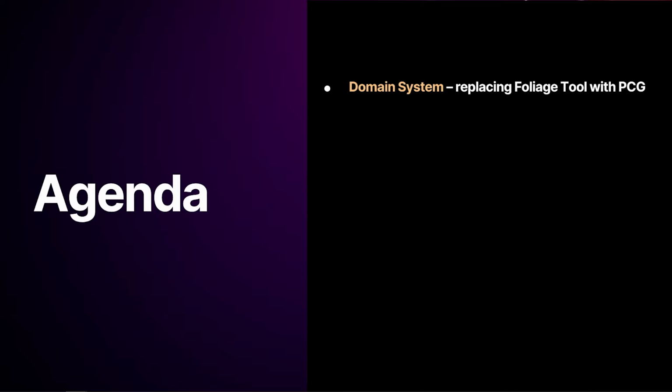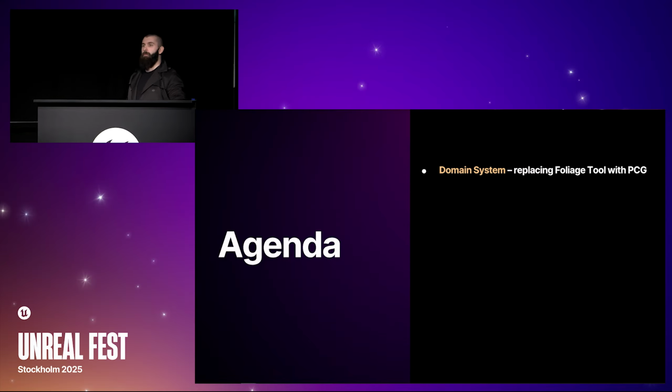And today I'm going to talk about 5 topics. First of them being the so-called domain system, which is a PCG-made system that aims to unify all procedural workflow in our projects. Specifically, it was used to replace foliage tools currently. Later, we'll even try to do that with landscape grass.